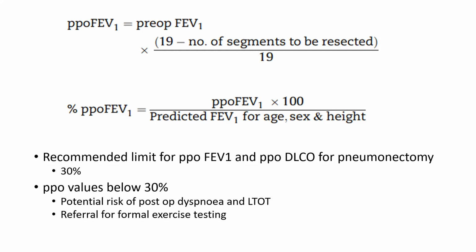The NICE guideline suggested that the recommended limit for PPO values for FEV1 and DLCO for surgical resection is 30%. Any patient with PPO values below 30% is at high risk of post-op dyspnea and requiring long-term oxygen therapy. These patients have to be referred for formal CPET.